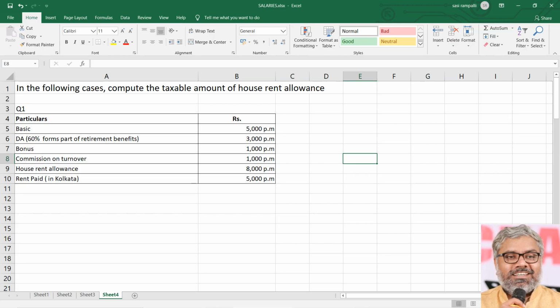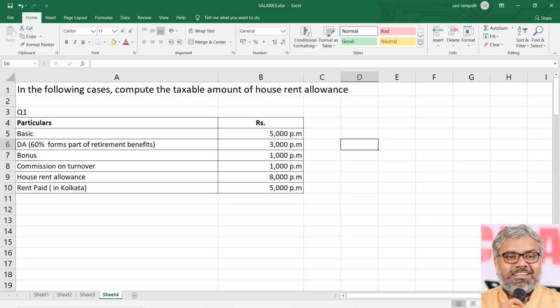First of all, what was asked in the question is to find out the taxable amount of house rent allowance. We are not bothered about computation of total salary of any employee here. Only thing is we need to know the taxable amount of house rent allowance.